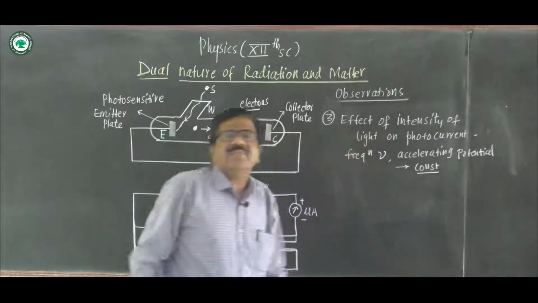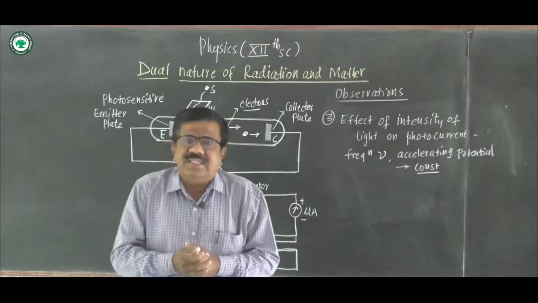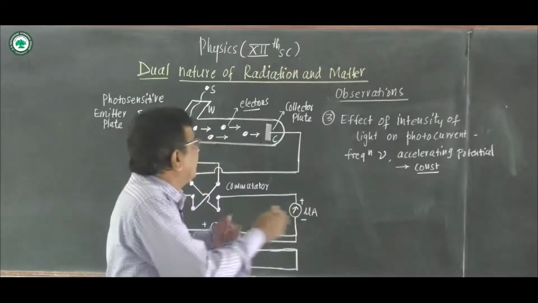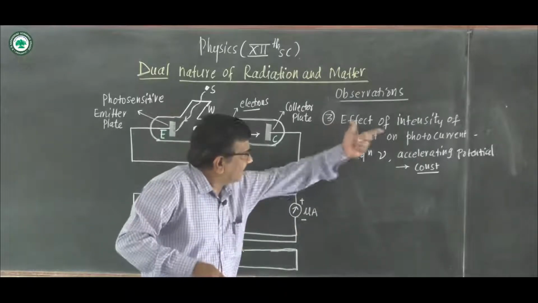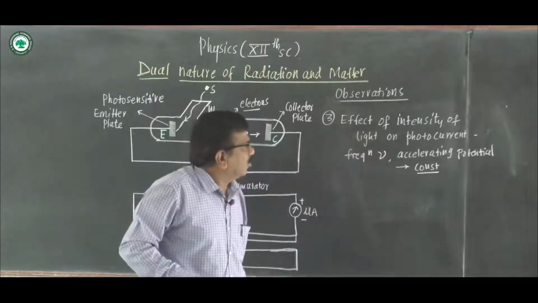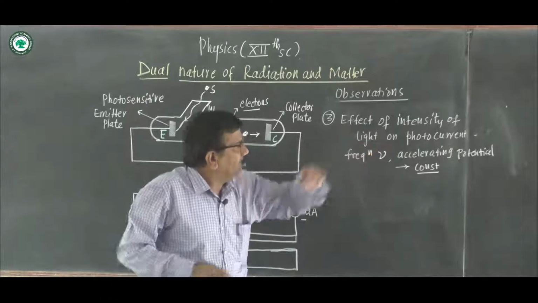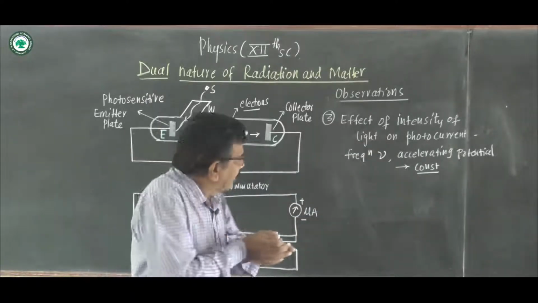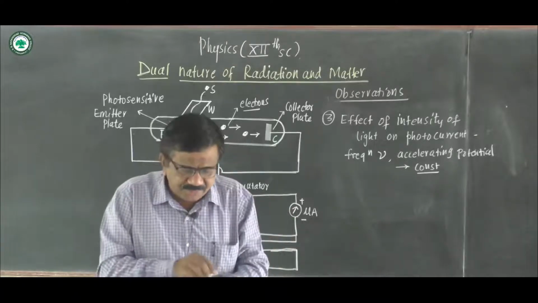The frequency is kept constant above the threshold frequency, because below the threshold frequency photoelectric emission is not possible, and the accelerating potential is also kept constant.